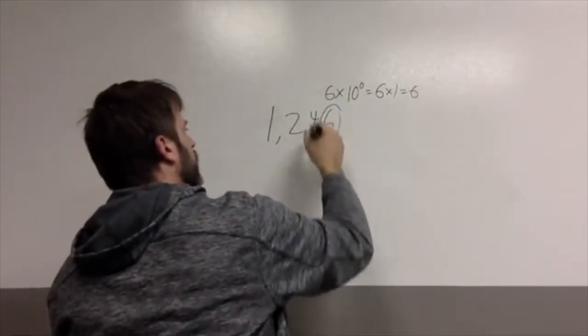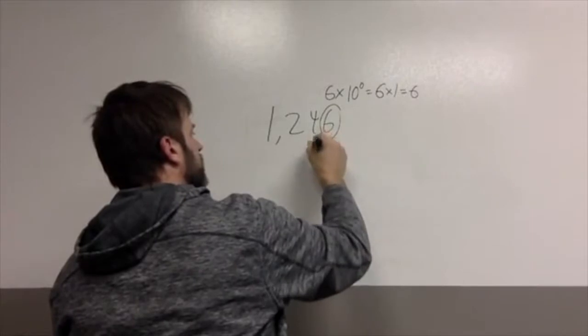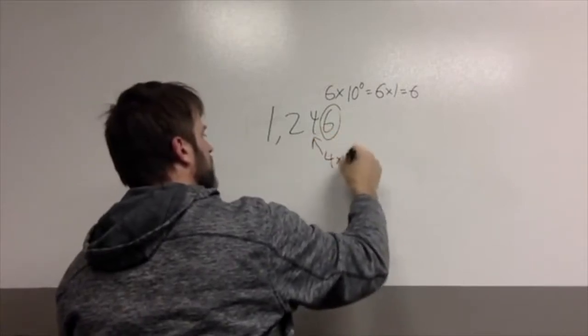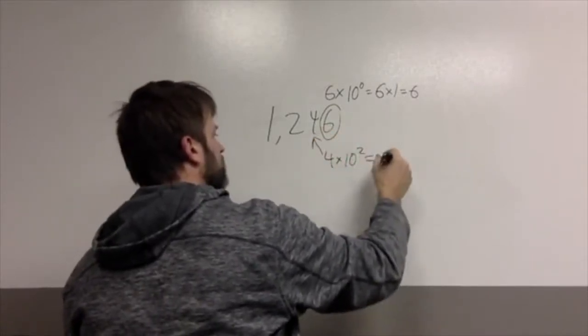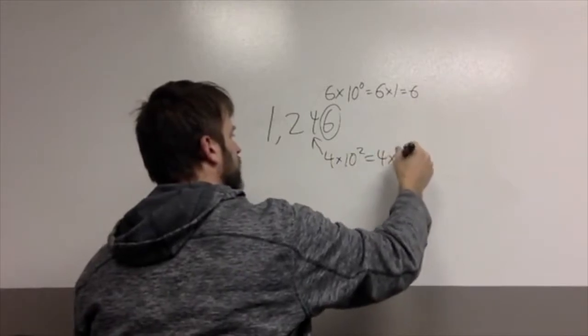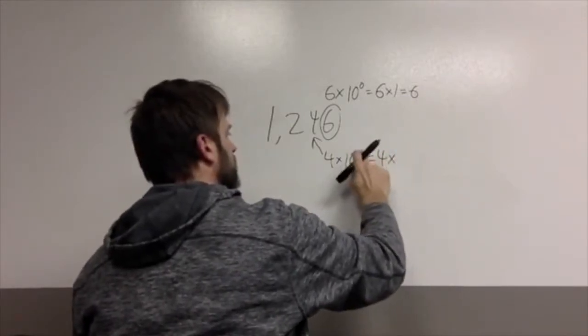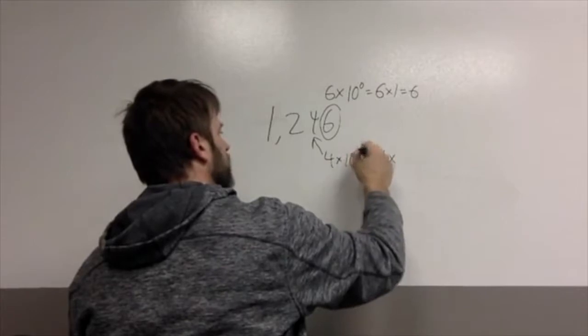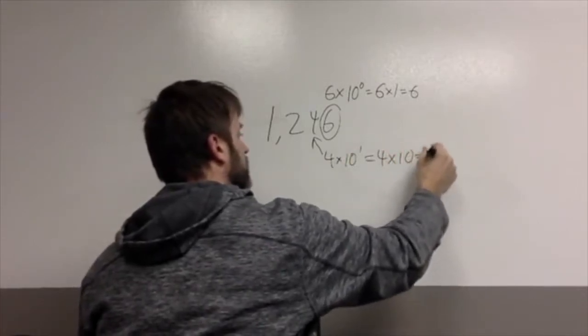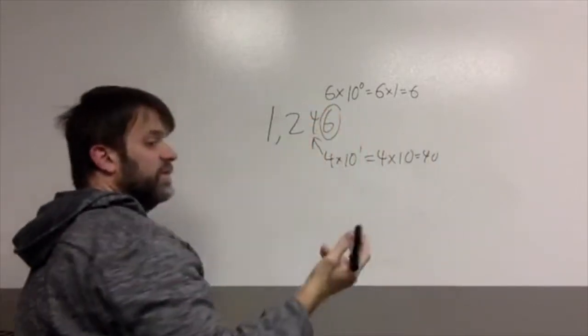This digit here is 4 times 10 to the first power, which is just 10. So the value of this digit is 40.